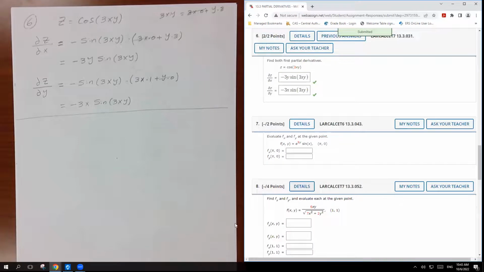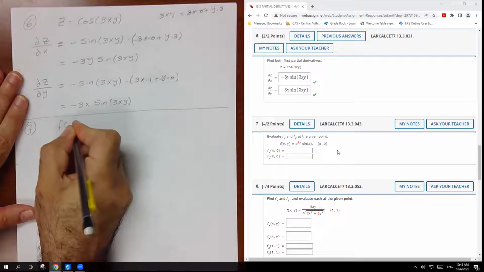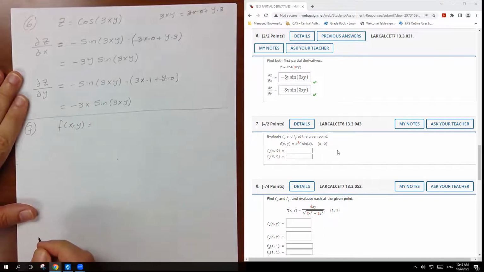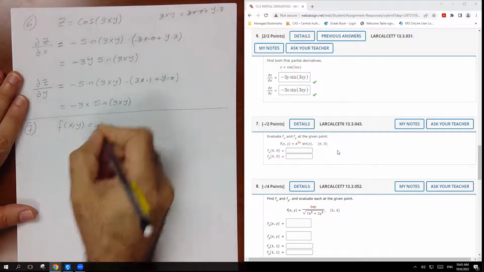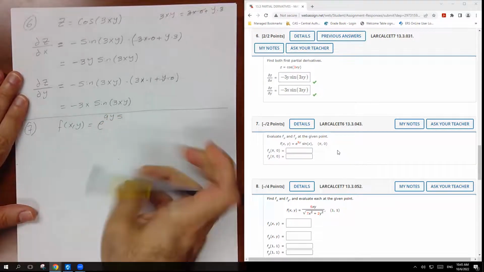Here we go. Then example 7. They're telling you f of x, y equals e to the 9y sine x. E to the 9y, oh, sine x is down.